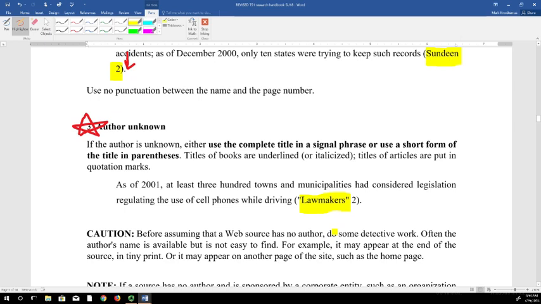Because that's a short form of the title of the article that had author unknown. And then 2 came from the second page, and again the period goes at the end. And again, this is a paraphrase, not a direct quote. If it was a direct quote, there would have been the signal phrase, quotation marks.